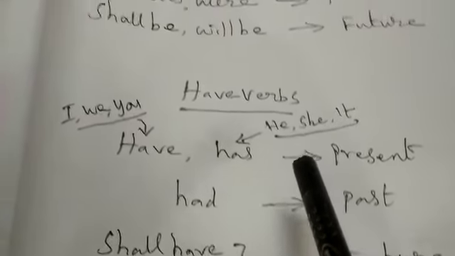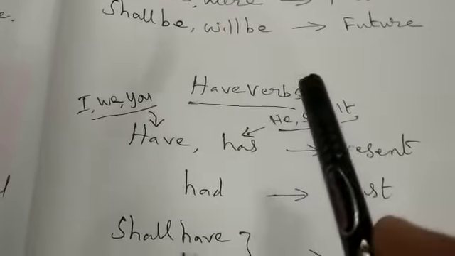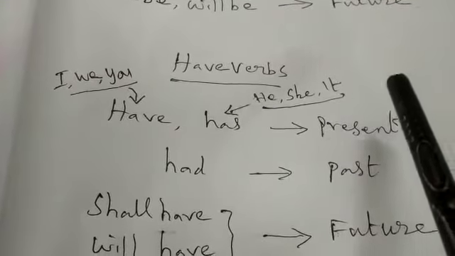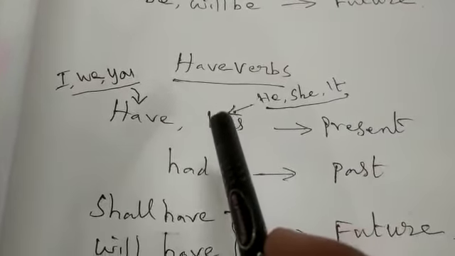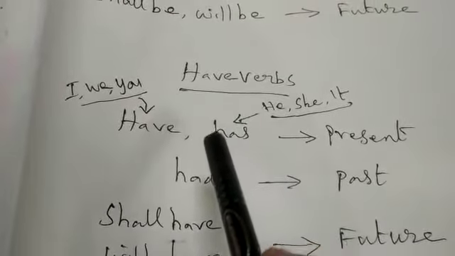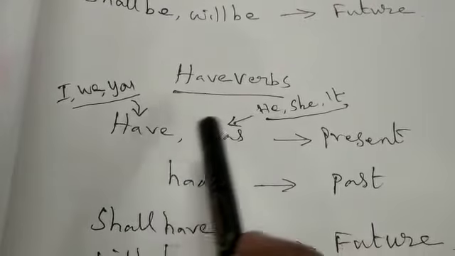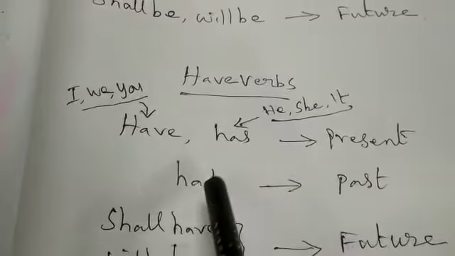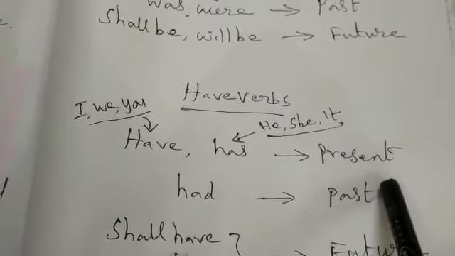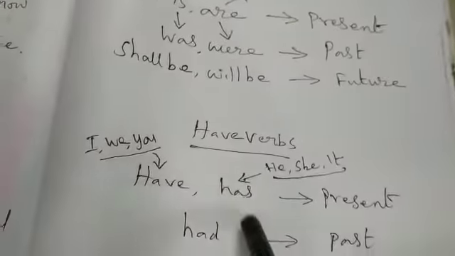So you can identify whether it is present perfect or past perfect as per the given tense verb. If you find have or has, present perfect. If you find had, past perfect. Okay, so these are very important be verbs and have verbs.